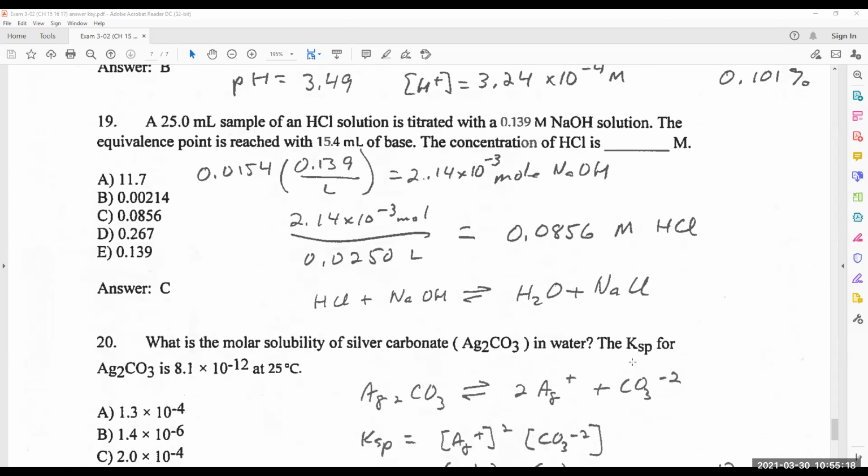Number 19, a 25 mL sample of HCl is titrated with 0.139 molar NaOH. The equivalence point, we're told, is reached at 15.4 mL of base. And we want to know what the concentration of HCl was. So we have a strong base, strong acid titration, which means that at our equivalence point, we've neutralized the HCl.